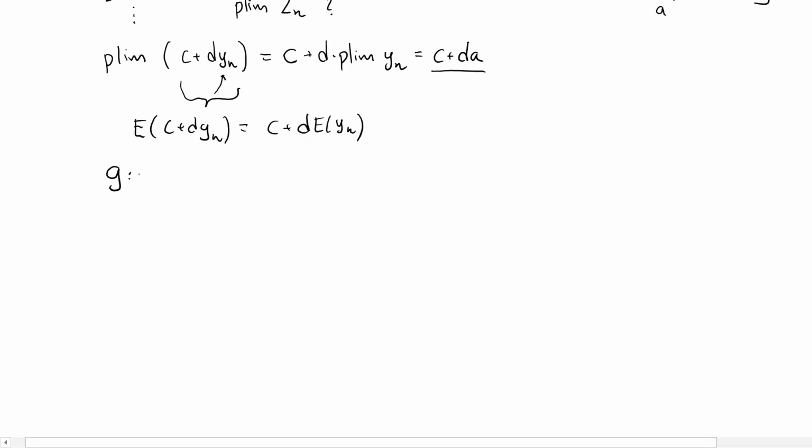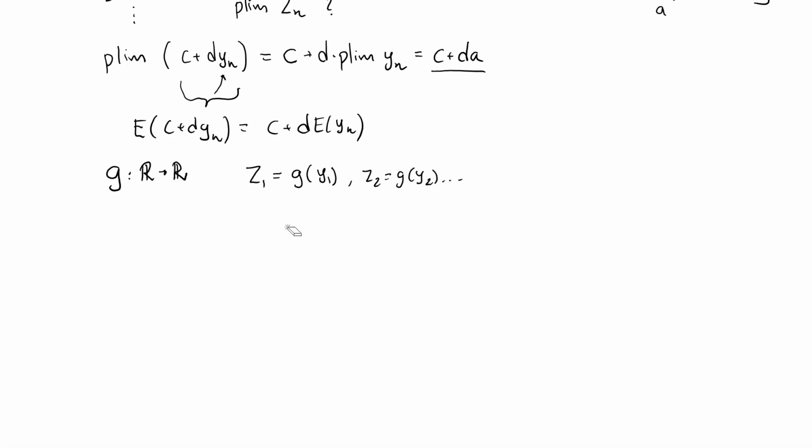So if g is just any function from R to R, and I create a new sequence of random variables where z1 is precisely this function applied to y1, z2 is g of y2, and so on, where g is now an arbitrary function, not necessarily linear, then a very common question is, what's the plim of zn?